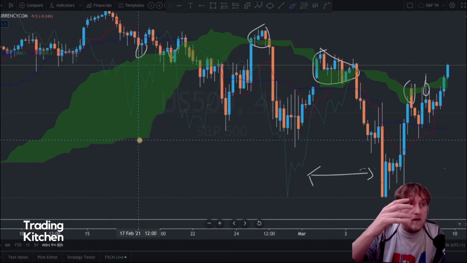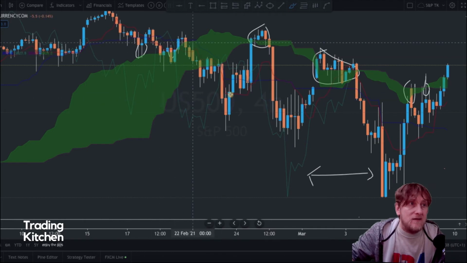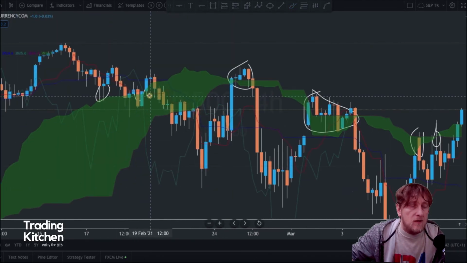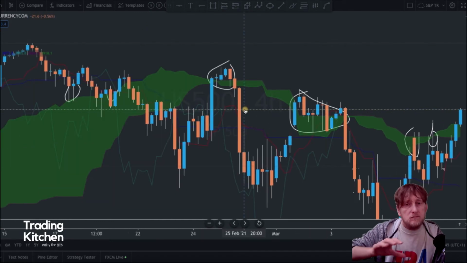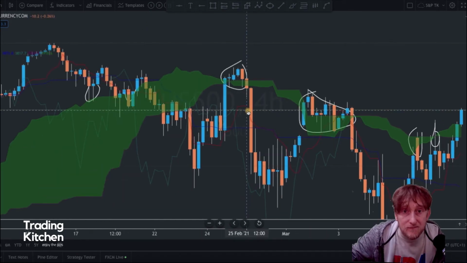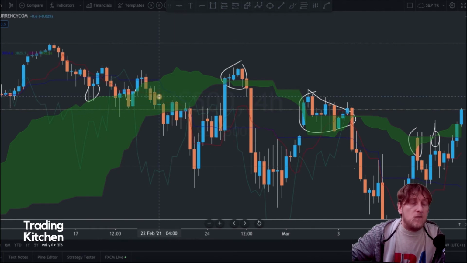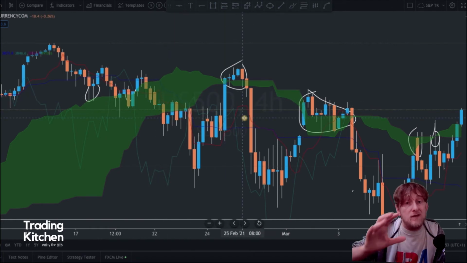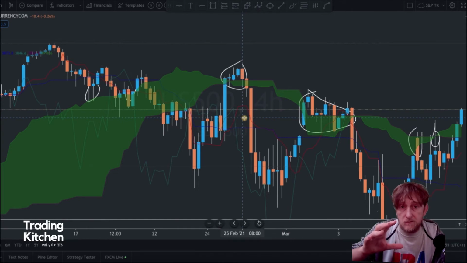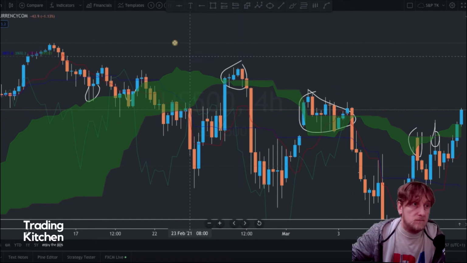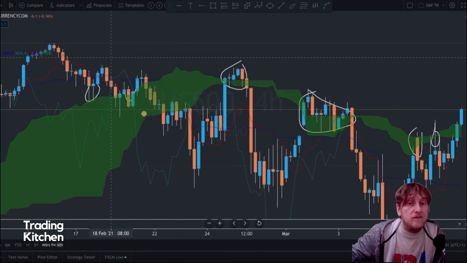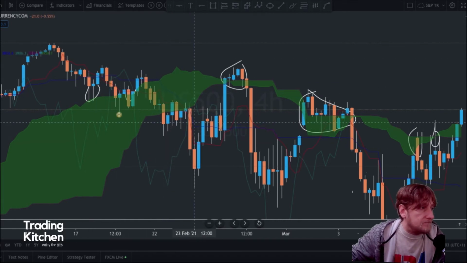When price is inside the cloud or quite close to the cloud, about to enter the cloud, it means that we are in an unclear environment. So you have to wait for the price to leave the cloud.